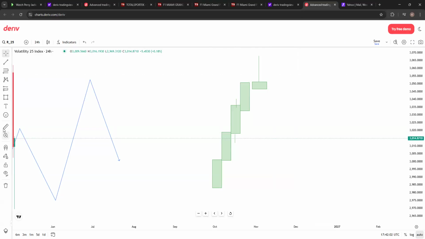Whenever we see a candlestick that looks like this, it means this tail is a rejection, and a smaller body means we have fewer buyers on this candle and more sellers, right?